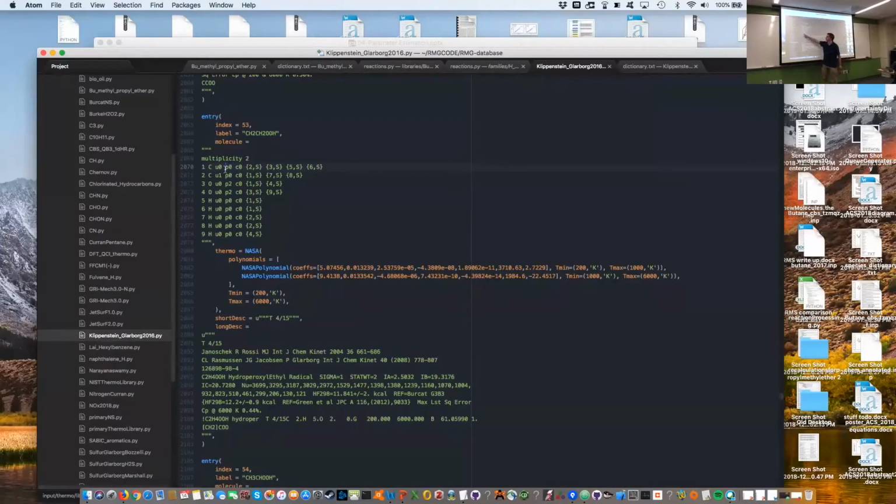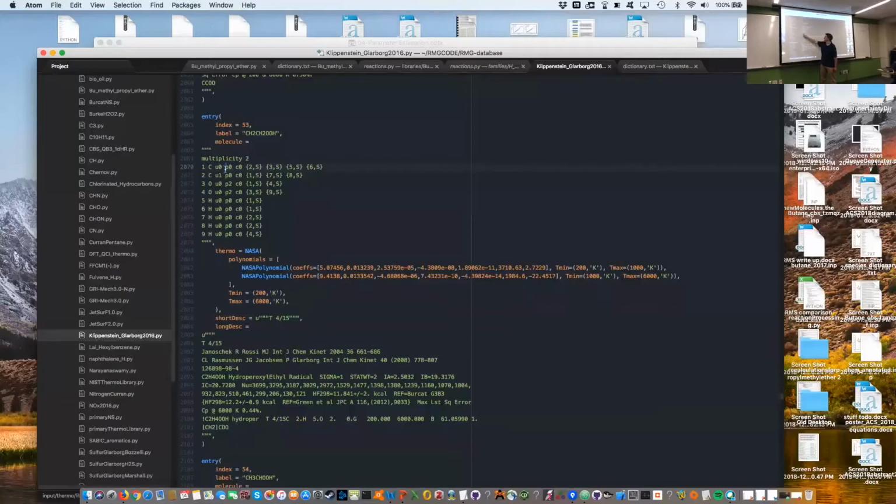We define each atom as a separate node in a graph, and then these define connections and the type of connection. So this says that this carbon is bonded to the second atom, which is this carbon, with a single bond, and is bonded to the third atom, this oxygen, with a single bond. It also says that this carbon has a radical on it.